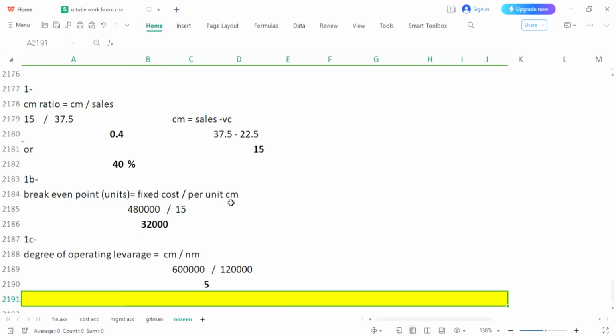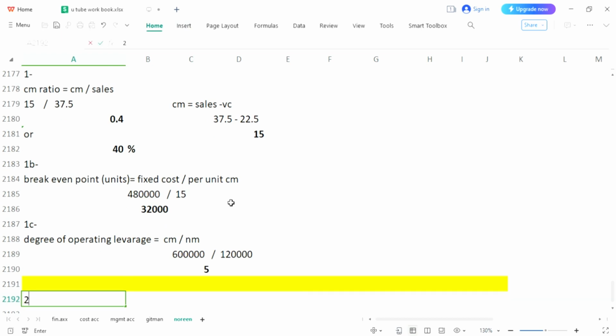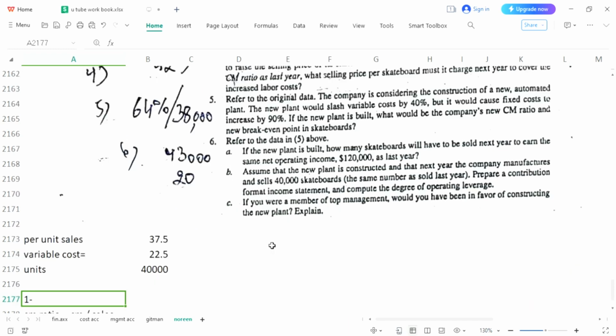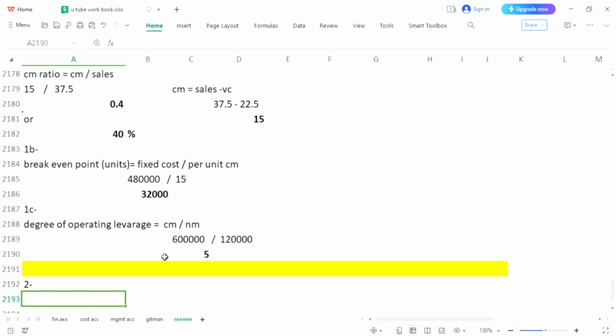Now we will see what the second part is saying. Due to an increase in labor rates, the company estimates variable cost will increase by 3. Variable cost is already written over here, 22.5. So we will calculate the new variable cost: old VC plus the increase.